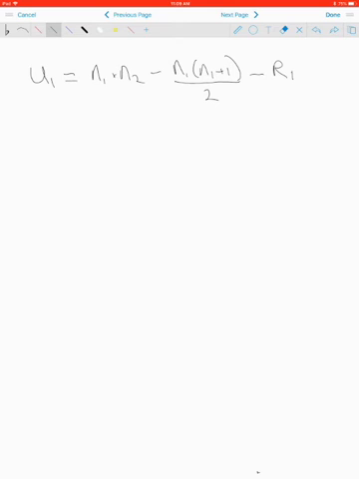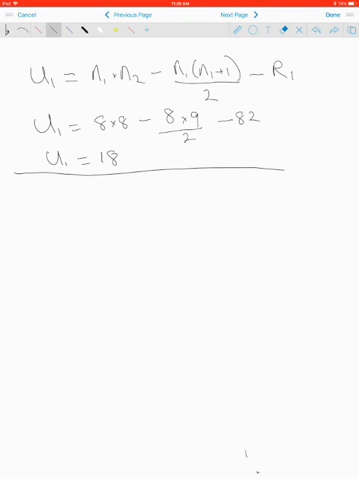So that's one of the U statistics you need to calculate. Let's do that now. For this example, we've got 8 times 8 plus 8 times 9 over 2 minus the sum of the ranks, which is 82. And so the U1 statistic equals 18. So that's the first thing we need to calculate.